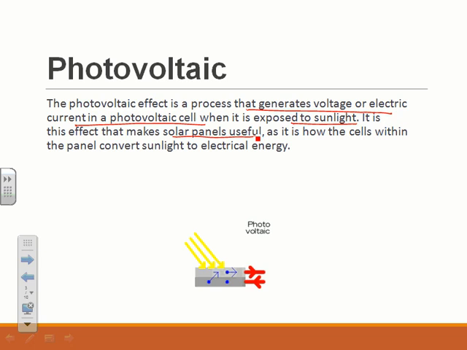When sunlight falls on the PN junction of the solar cell, electrons are generated, and these electrons are collected and used for the electric current. So this is the photovoltaic effect.